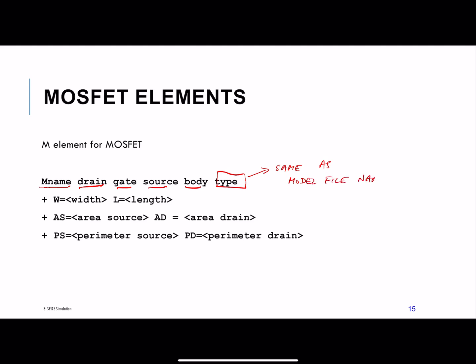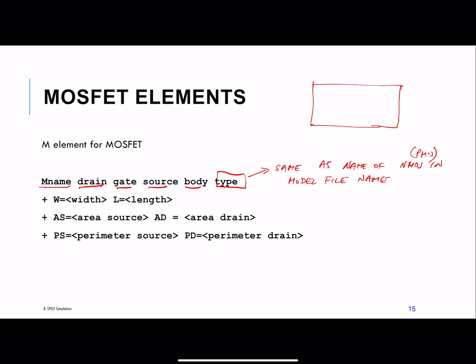Not the actual name of the model file, but the name of the transistor, same as the name of NMOS in the model file, or PMOS, whatever device you're trying to look at. And then you have the width, length, and then you have the area of the source, area of the drain, perimeter of the source, perimeter of the drain. Okay, which is what you have to make sure you get all the different parasitics.